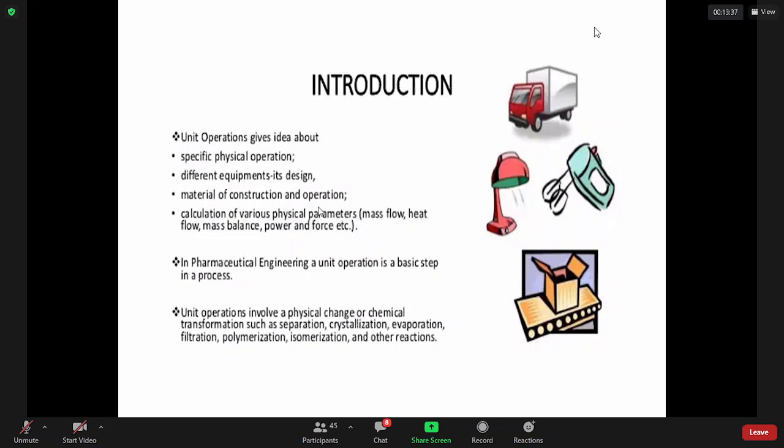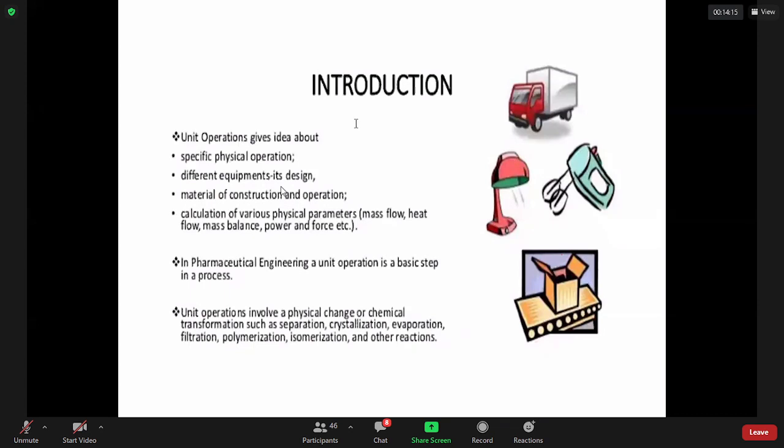They also give an idea about the different equipment that is used in this unit operation and their design, the material from which it is constructed, and actually how you can operate it. There are various calculations that are involved. Some of them we have already seen, like in heat flow. We have seen some in fluid flow, and there are many other calculations that are involved.